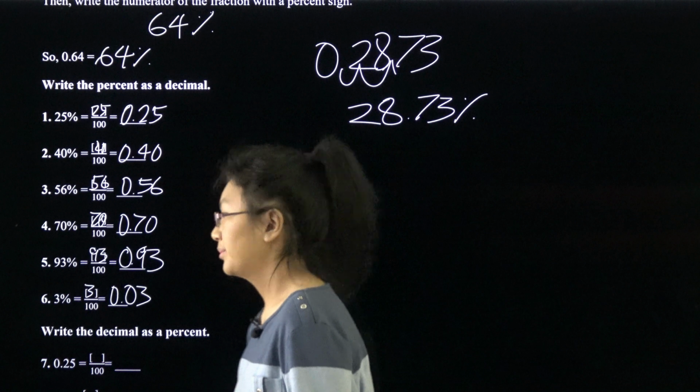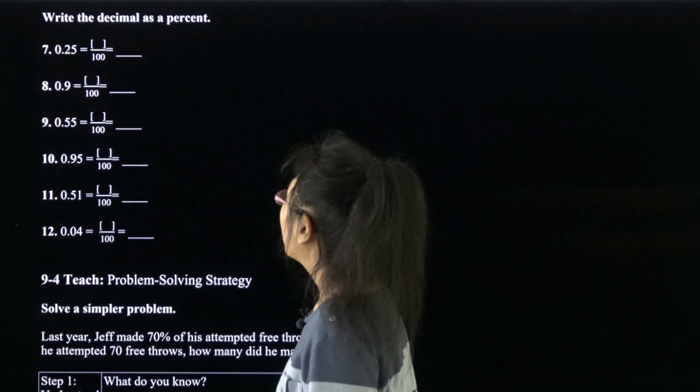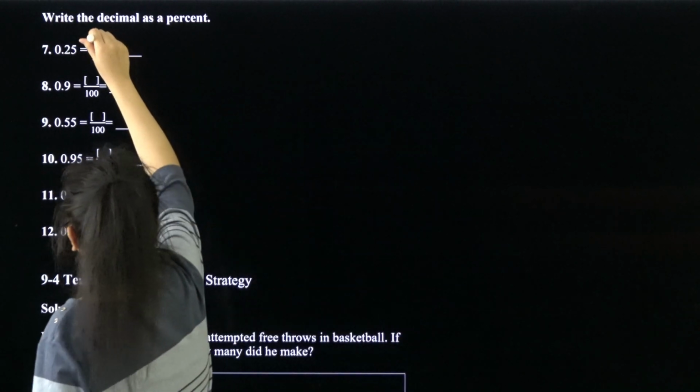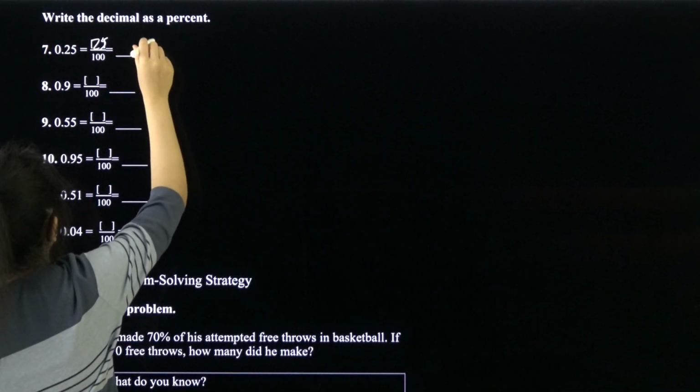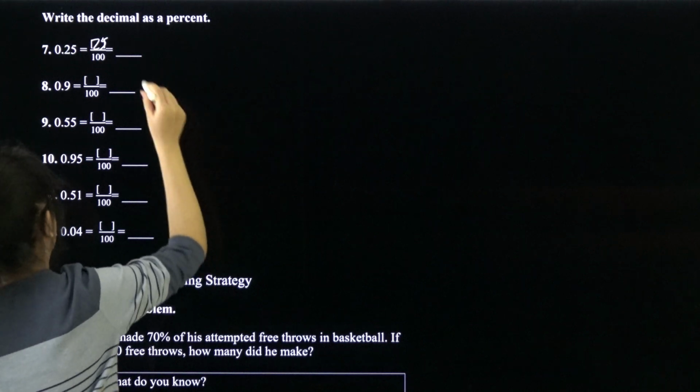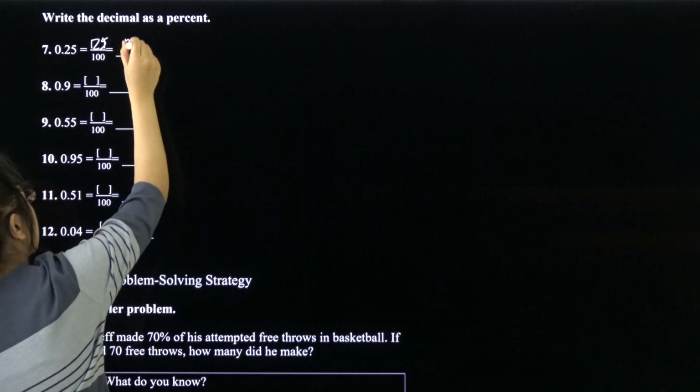Now we do the reverse. Write the decimal as a percent. 0.25 equals 25 over 100, which equals 25%.